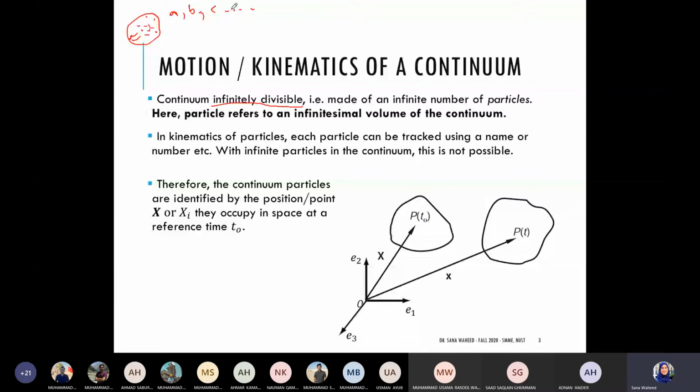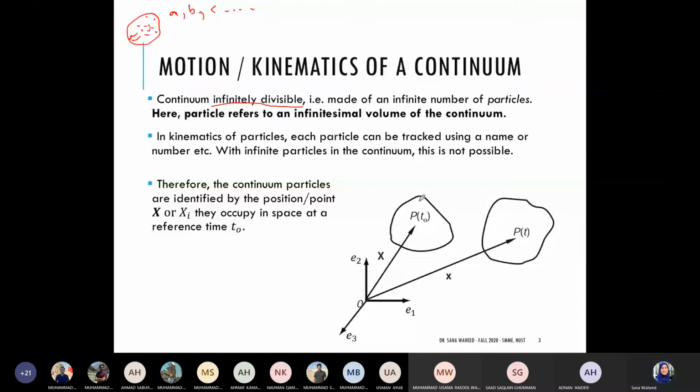So instead what I'm going to do is consider that when it was in the initial reference position, let's say at t naught, then which position was my A particle at, which position was my B particle at. That is, I'm going to use the spatial positions that were occupied by the particles to keep track of or define their motion.